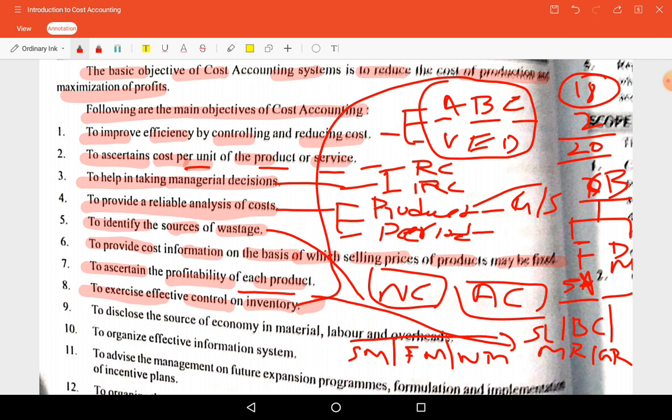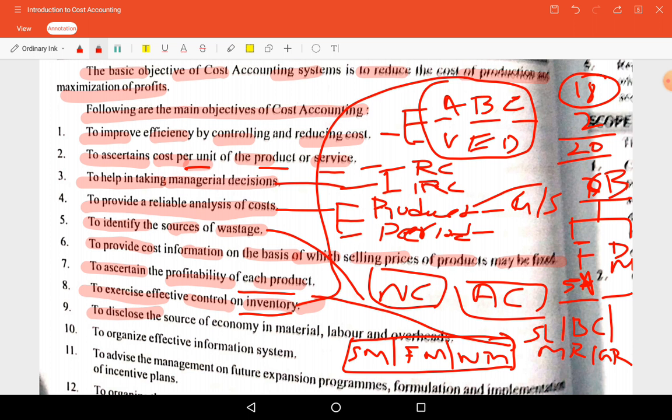Based on the movement of the goods and their utilization, inventory will be controlled with the help of EOQ and stock levels. Some stock levels are maintained, minimum stock level and maximum stock level. So to control the inventory effectively, management will set certain stock levels. Cost accounting will provide all of those.